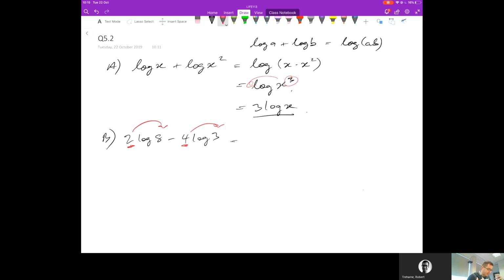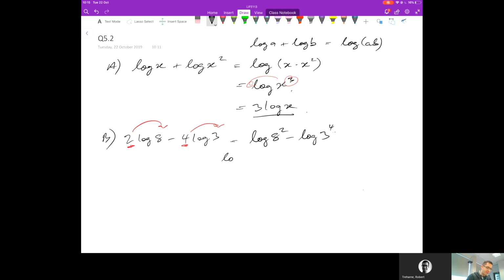I can't just subtract those terms from each other when they've got different multiplication factors in front of them. So I'm going to get rid of those first. Let's rewrite that as log 8 to the power 2 minus log 3 to the power 4.